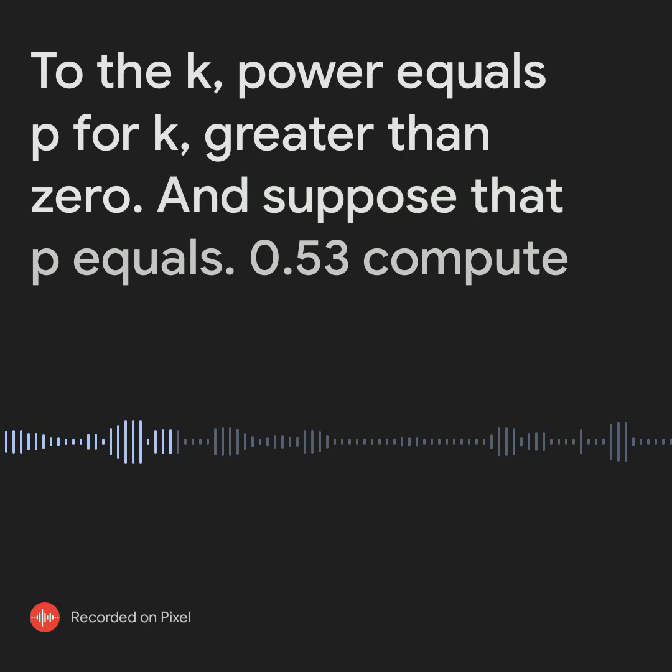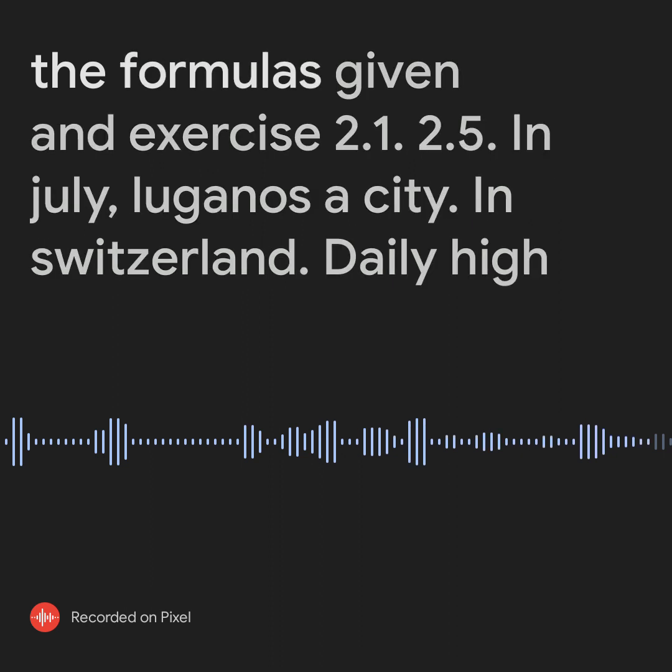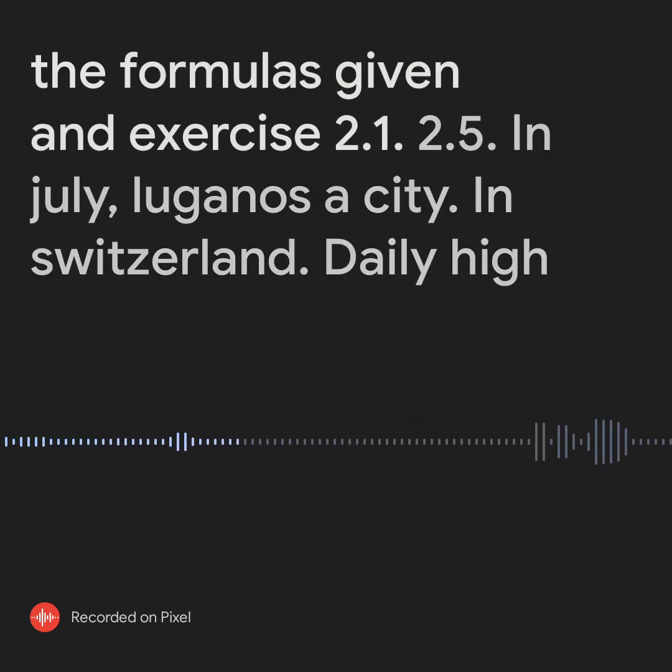And suppose that P equals 0.53. Compute the mean, variance, skewness, and kurtosis of big X. Hint, you might find it helpful to use the formulas given in exercise 2.1.